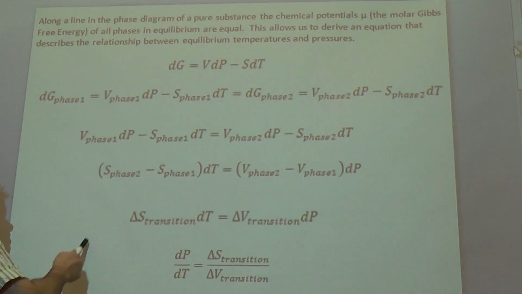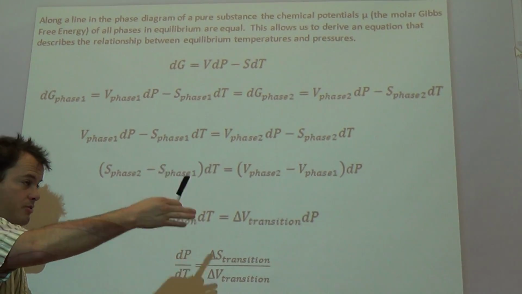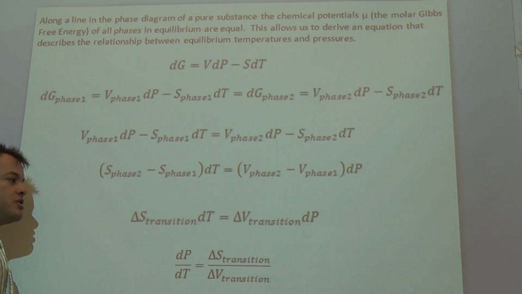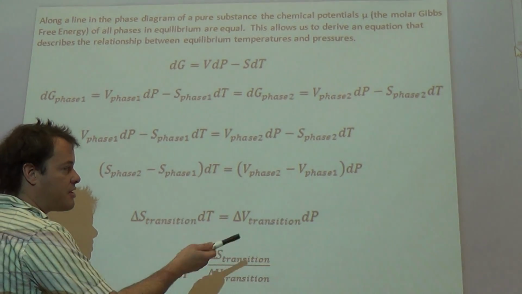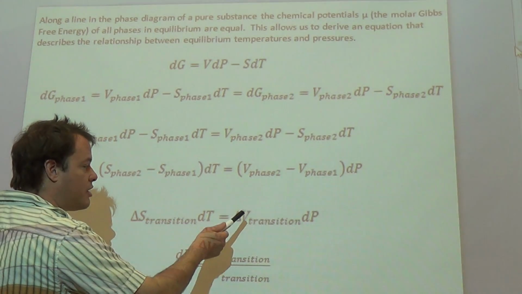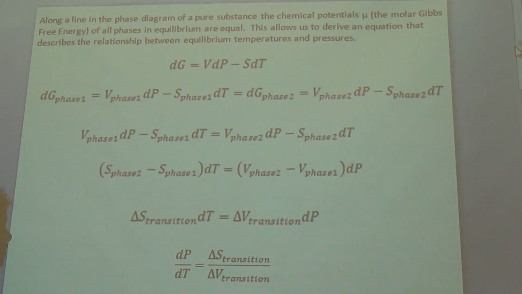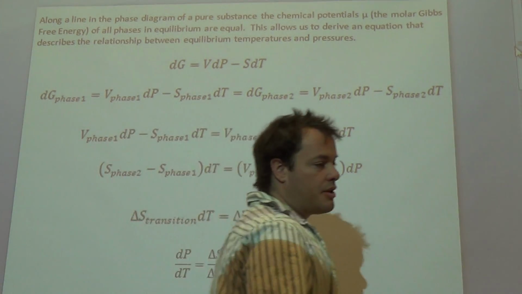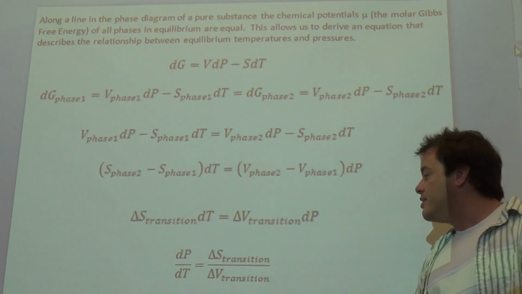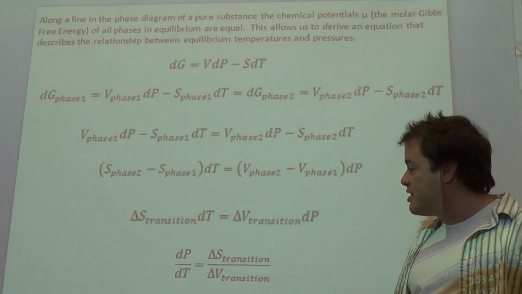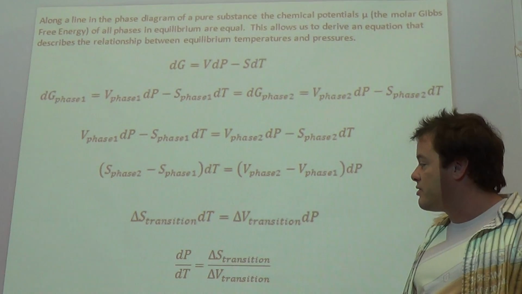S of phase 2 minus S of phase 1, for a transition where we go from phase 1 to phase 2, is just delta S of the transition. Same thing for the volume: V of phase 2 minus V of phase 1 is delta V of the transition. And we have this expression that says delta S transition dT is equal to delta V transition dP. So dP over dT is delta S over delta V.